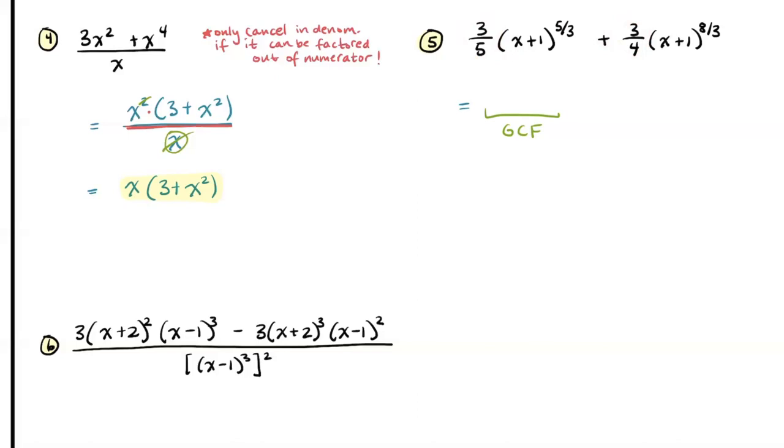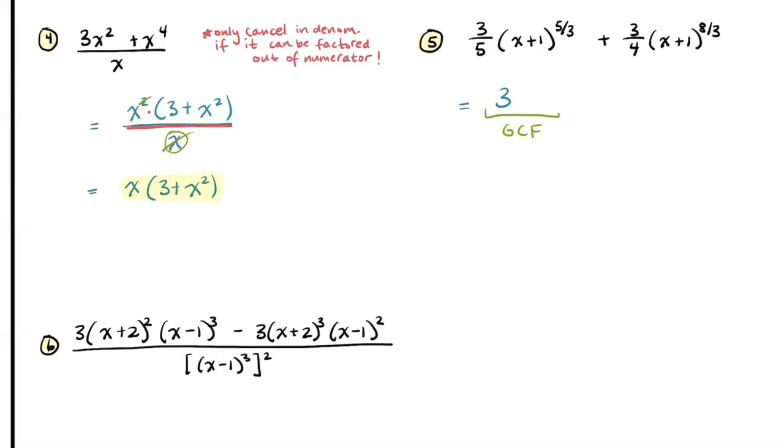The short answer is, we can look at this 3/5 as 3 times 1/5, and we can look at 3/4 as 3 times 1/4. And so we can factor out a 3 because it's in both of the numerators. If it were 5/3 and 4/3, we could factor out a 1/3 because the denominators would be the same.